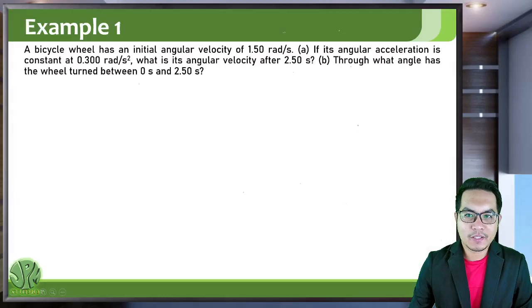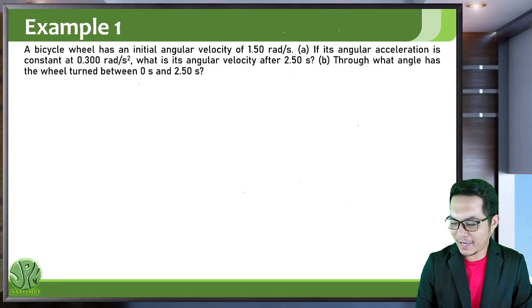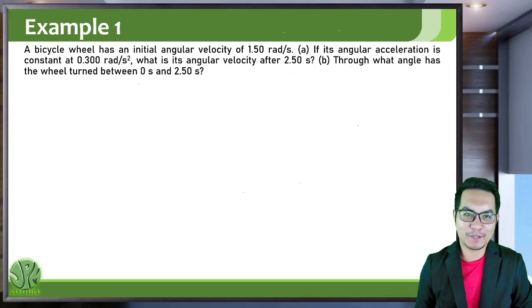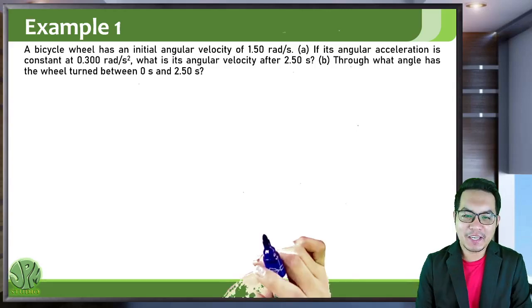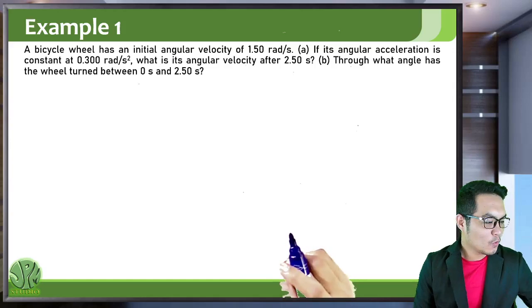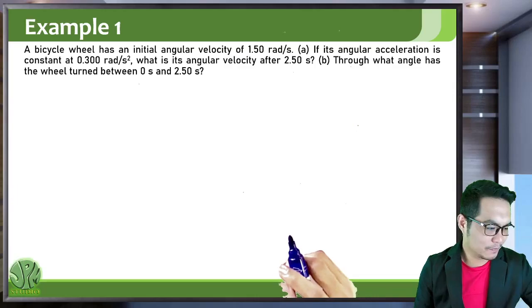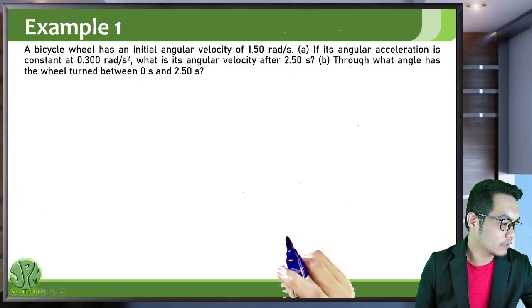Okay, so this is the exact problem that we had in the previous lesson. But in that lesson, we were still not presented with the angular kinematic equations. Now, we already know the angular kinematic equations, so we can just directly use them. Okay.